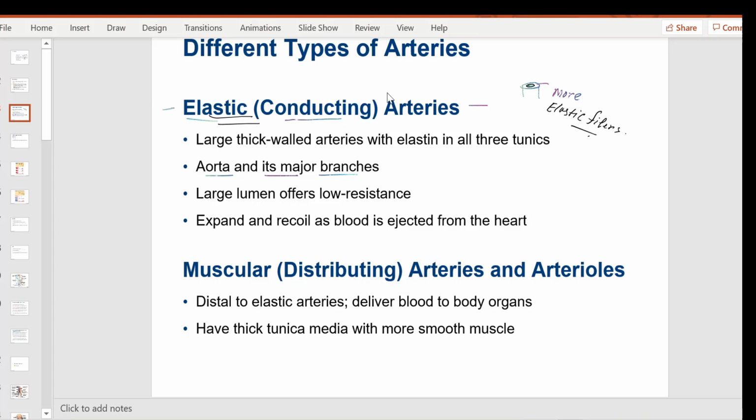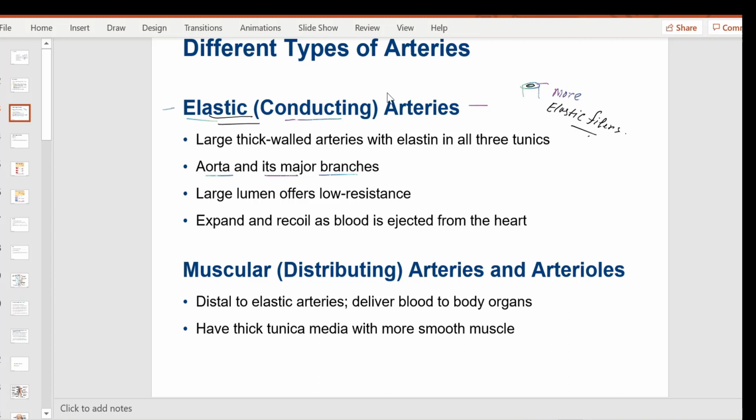So the arteries can expand to receive that blood. Otherwise, if the arteries cannot expand, then some blood will flow back into the heart. Since the arteries can expand, when the blood enters into the arteries, they can accommodate or take that blood inside them.